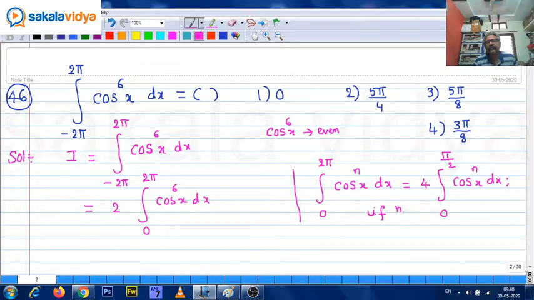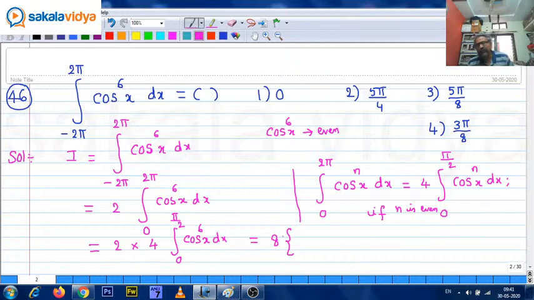Understood now? So directly we can write this equals 2 multiplied by 4 times integral 0 to pi by 2 cos x to the power of 6 dx. Now you can apply the formula for this one. Already 8 is there, 8 multiplied by cos x to the power of 6 dx.